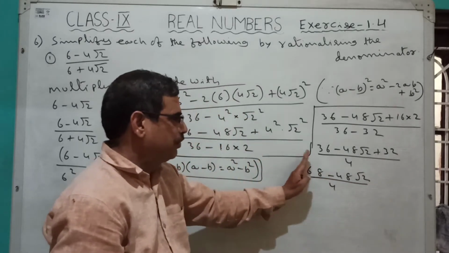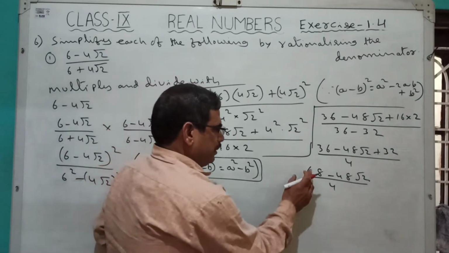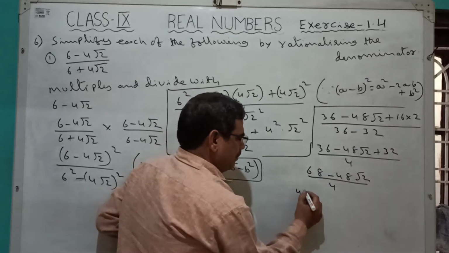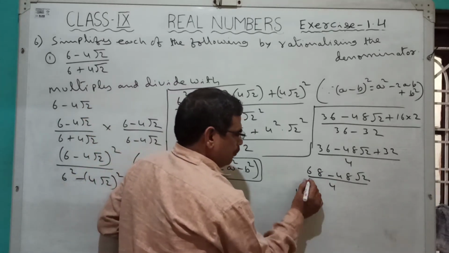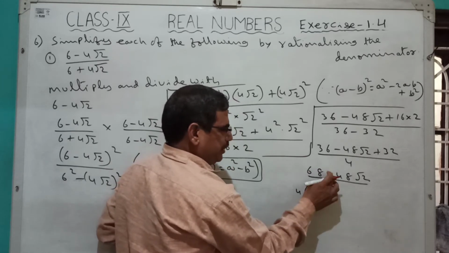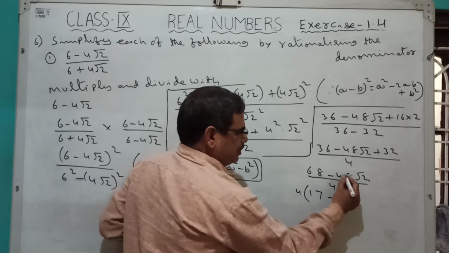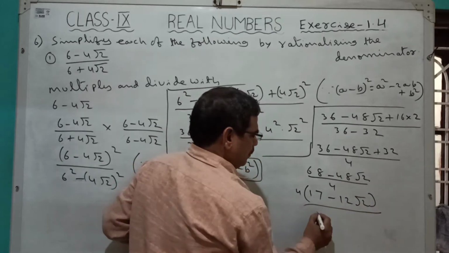If I take 4 outside, then I can cancel here. I am taking 4 common outside: 4 ones are 4, balance 2 is there, 8, 4 sevens are 28, minus 4 ones, 4 twos, root 2, by 4.